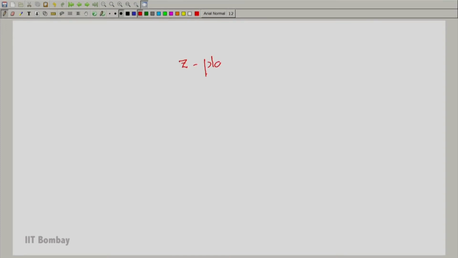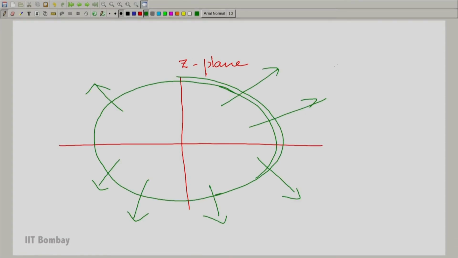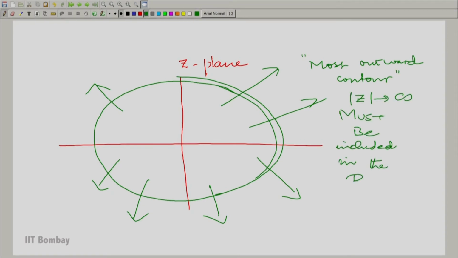What we are saying is, if you have the z plane like this, take the outermost, or rather the most outward contour. This must be included. In fact, it is these two extreme contours, real part of S tending to plus infinity, the rightmost contour in the S plane, and mod z tending to infinity, the outermost contour in the z plane, which tell you about causality of systems.